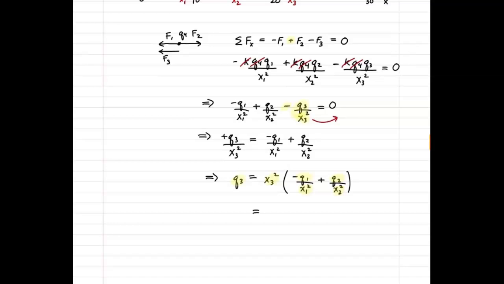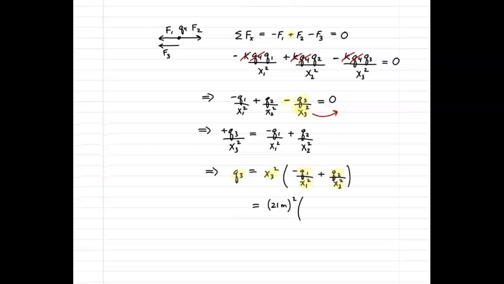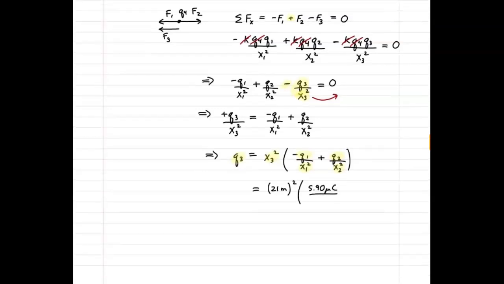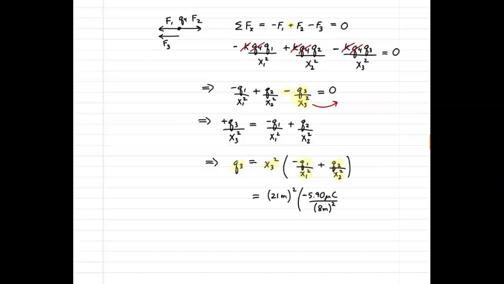X3 is 21 meters squared, times, in parentheses, Q1, which we recall is 5.90 microcoulombs, over X1 squared, which is 8 meters squared. And this is a minus sign.